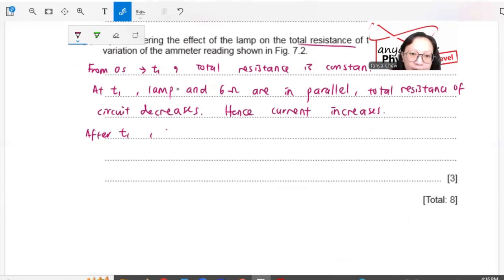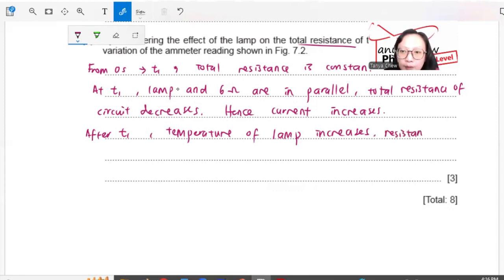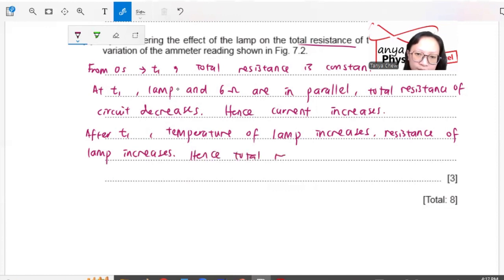So after T1, the temperature of lamp increases, resistance of lamp increases, hence total resistance of circuit increases, current decreases.